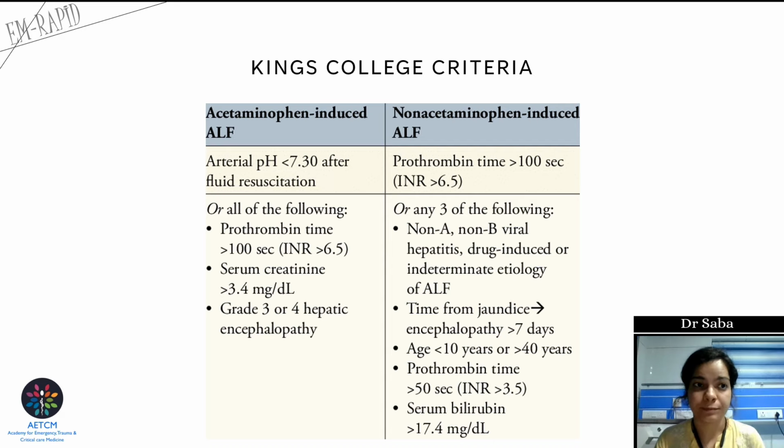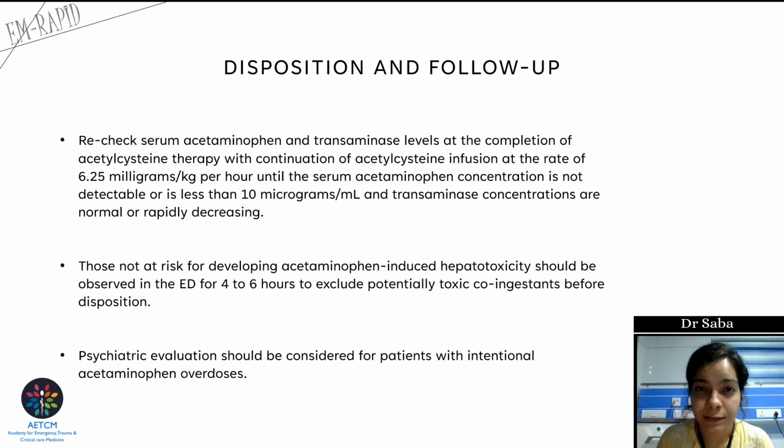Now, moving on to the last part, that is disposition and follow-up. This is to know when do we stop the infusion of N-acetylcysteine treatment, and when can we safely discharge the patient.